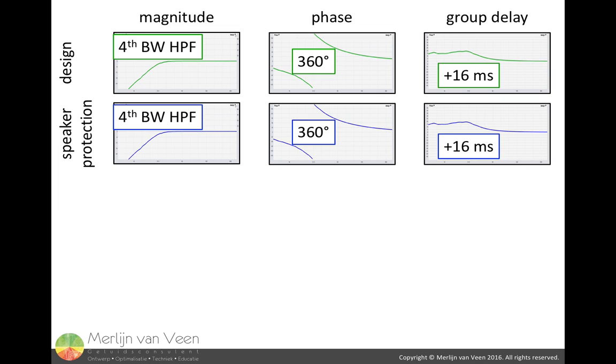So by design and speaker protection, you get 720 degrees or 2 cycles of phase shift at the lower limit of the operational range of the subwoofer, which is currently still full range. And the accumulated group delay up until now is already 32 milliseconds below 32 Hz.